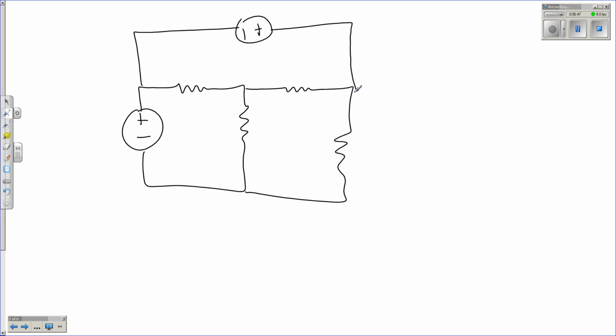This is a supernode, and what that means is that I don't know what the current is here, because it's going to be whatever is required to keep it at, let's say, 5 volts. So I don't know specifically what that current is, but we can solve for it pretty easily.